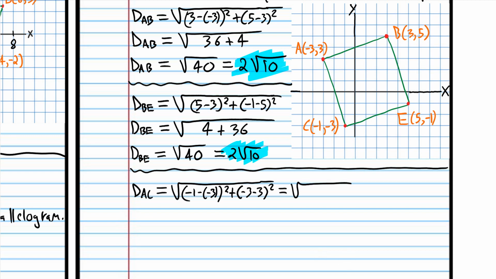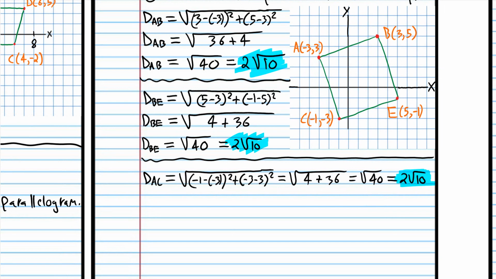And simplifying, we have 4 plus 36, which is expected, root 40, which equals 2 root 10. It's not really necessary to pull out the perfect square. We're just trying to show that they're equal, but I just want you to get that habit.